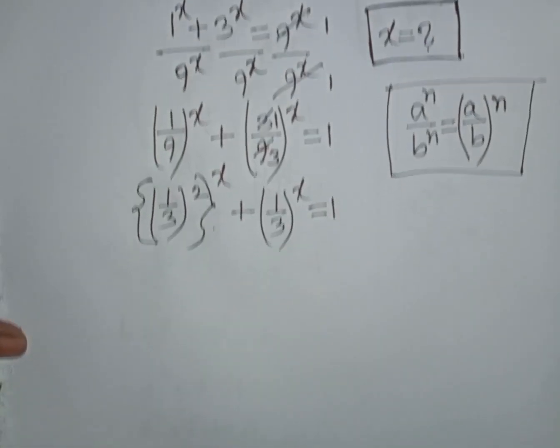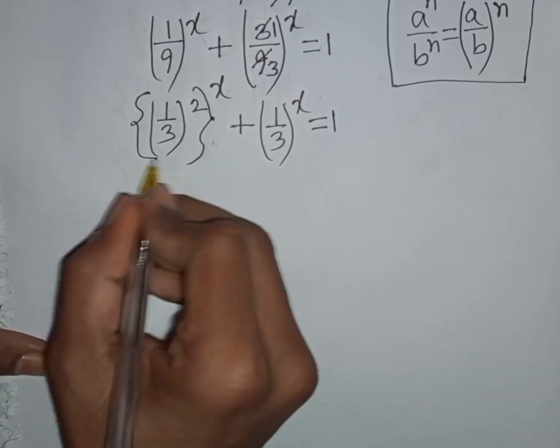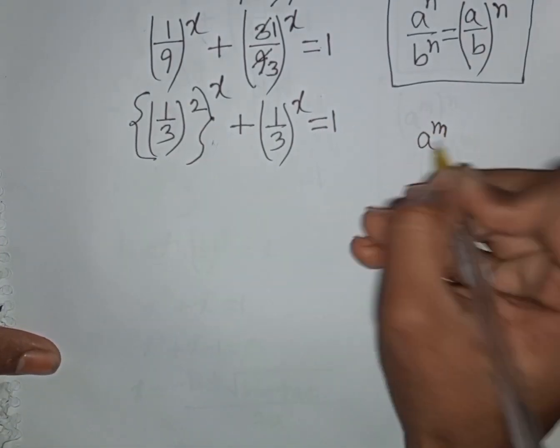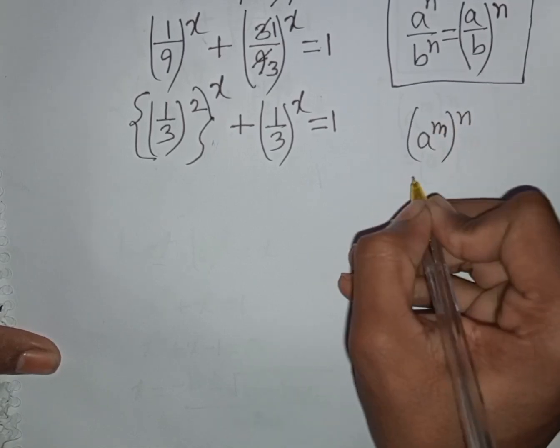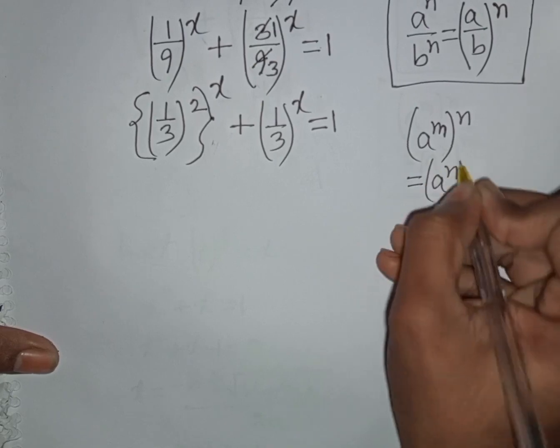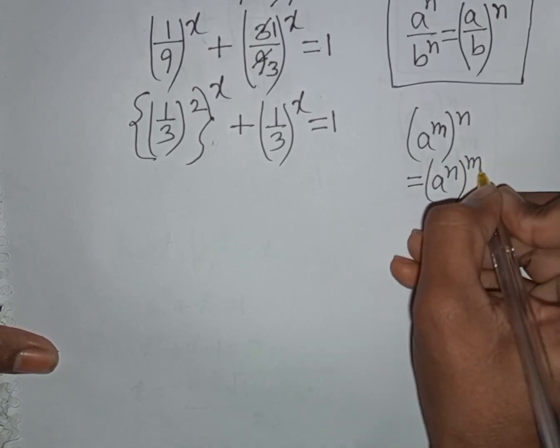Now here you can apply this exponential rule that (a^m)^n is equal to (a^n)^m.